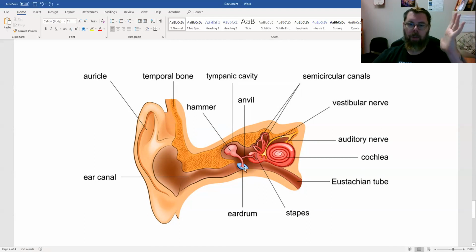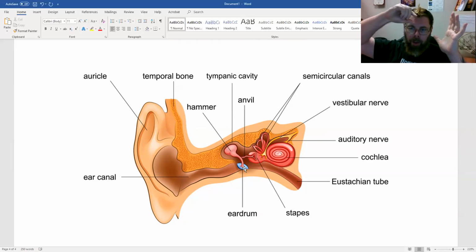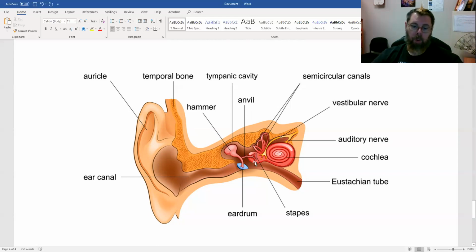It's taking a big thing that's vibrating, and stepping it down to a smaller thing that's vibrating. Okay. So that pressure wave will fit into this smaller thing. This thing's full of fluid, and the cochlea is lined with little hair-shaped cells like tiny eyelashes, and those are called the cilia.